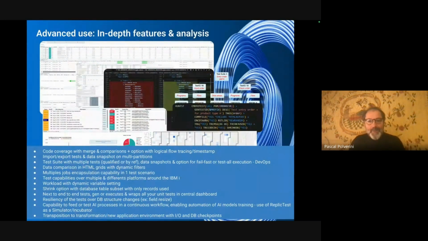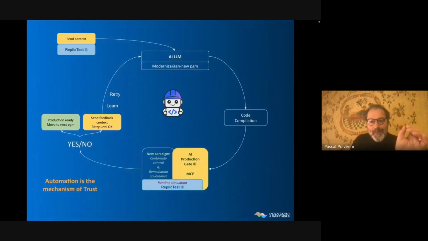And here we've got advanced functions, but I will go ahead for what is our topic today, which is then Bob in action. With all of this, the AI Production Gate and ReplicTest within a feedback loop.